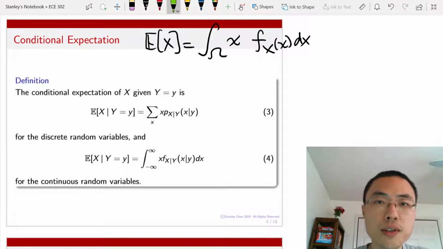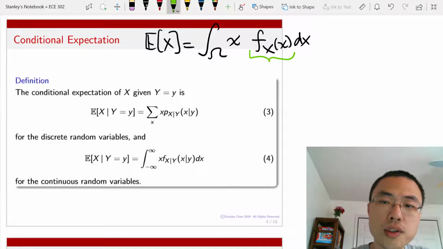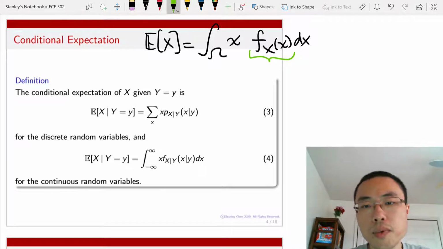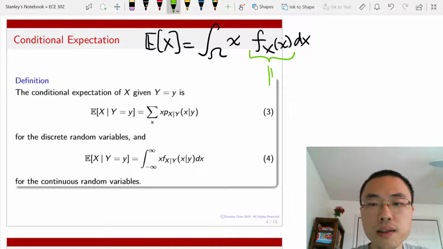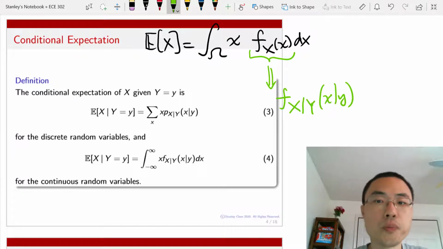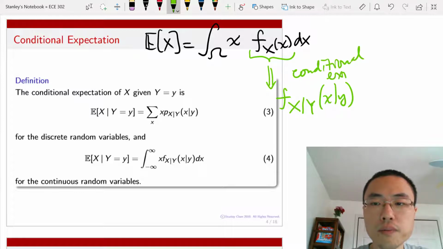What becomes different is that instead of using the PDF of x, we replace it by the PDF of x given y, where y is restricted at a specific value. This is called the expectation, and here is called the conditional expectation.